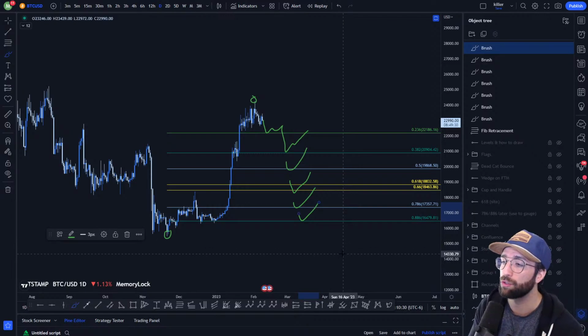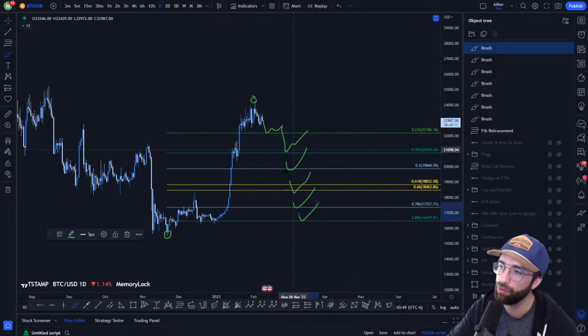Fibonacci is a good source of confluence with other technical analysis, like daily, weekly, monthly levels, or the point of control of a range, like what we talked about in the last live stream. So use them as confluences. Because we went from a swing low to a swing high, these would be areas of support.